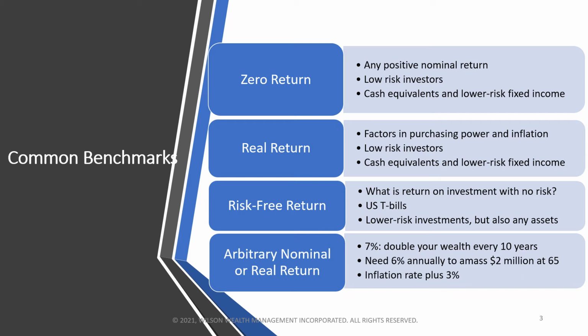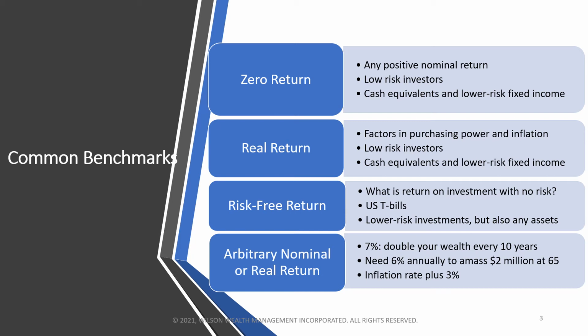So if you're invested in a risky portfolio, risky in any sense, just sort of a mix of high quality equities and some fixed income, that is going to be a riskier portfolio than US Treasury bills. So you need to ensure that you're outperforming the rate of return on a risk-free asset.